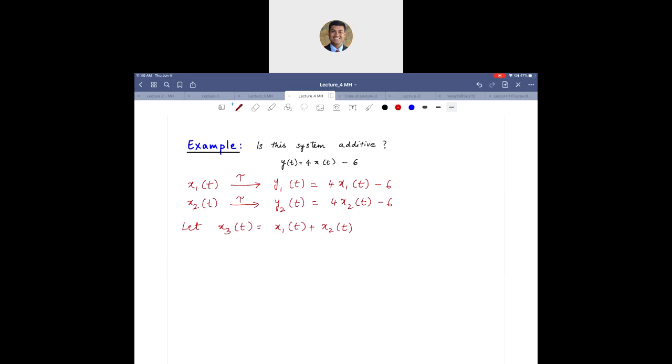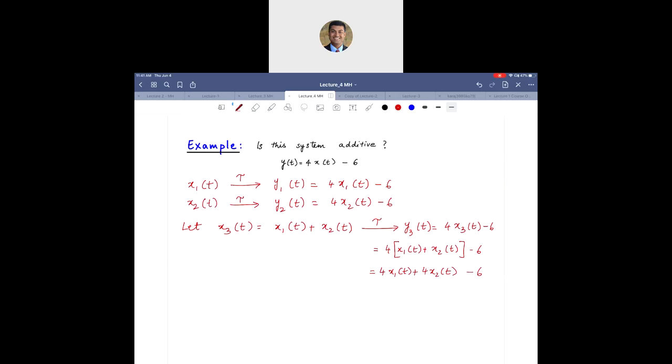If that goes into the same system operator, you get y3 of t, which is 4x3 of t minus 6. Now x3, I know it is x1 of t plus x2 of t, so y3 is 4x1 of t plus 4x2 of t minus 6.